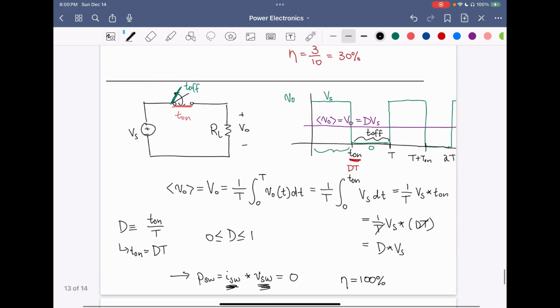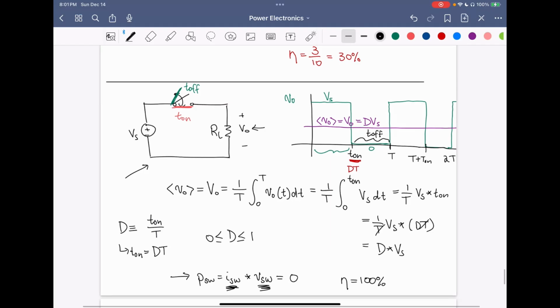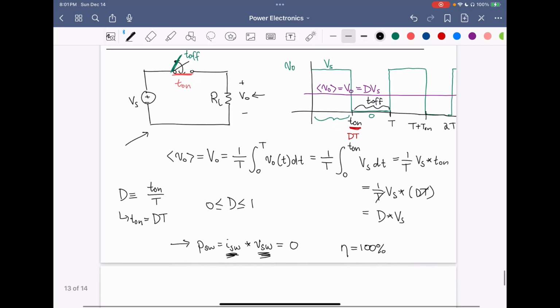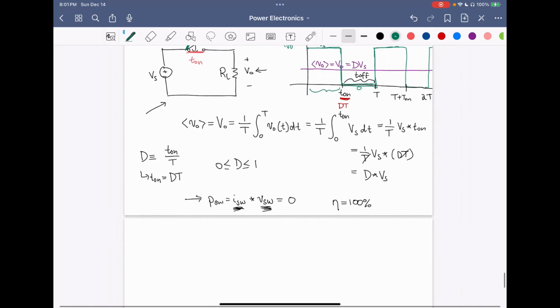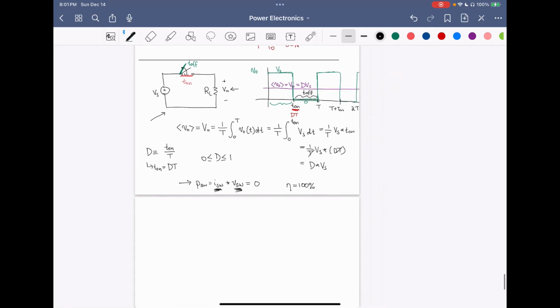However, there is a problem with this simple circuit. Although some applications can take this output voltage VO to be pulsed, in most applications, we would prefer that the output is purely DC. To obtain a circuit in which the output is purely DC and not this pulsed waveform, we want to add a low pass filter to this circuit.